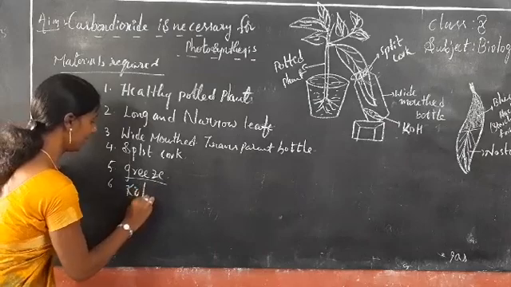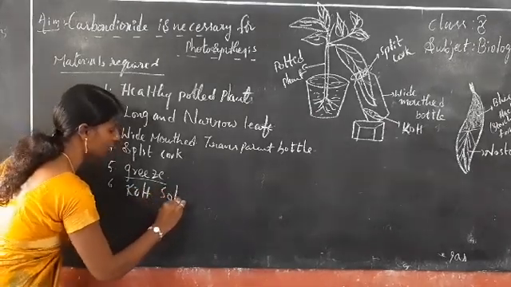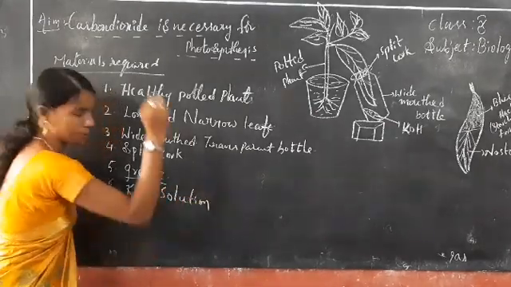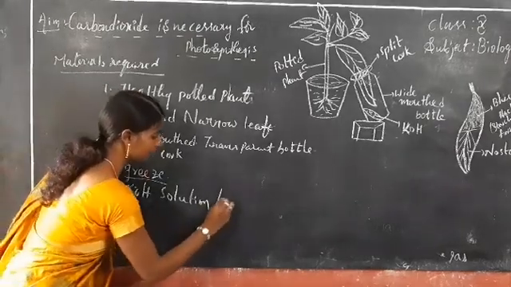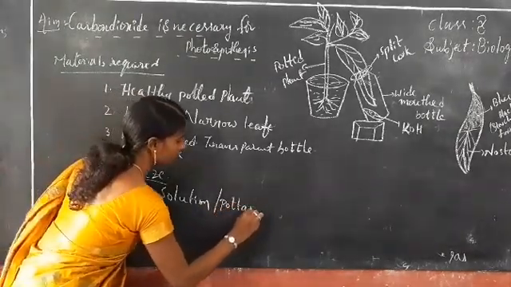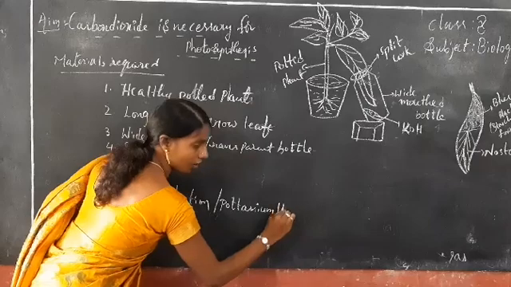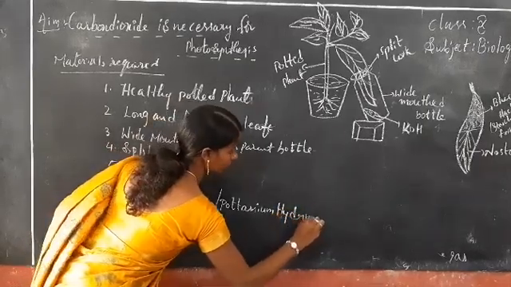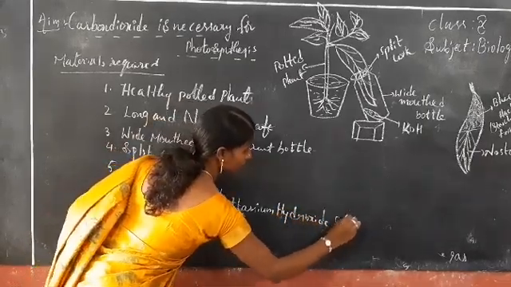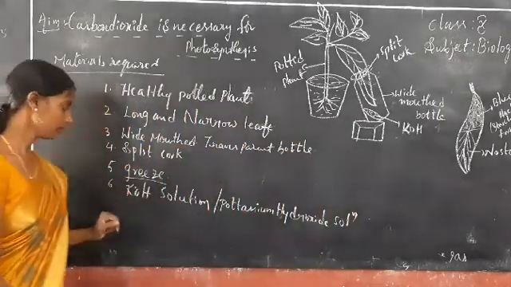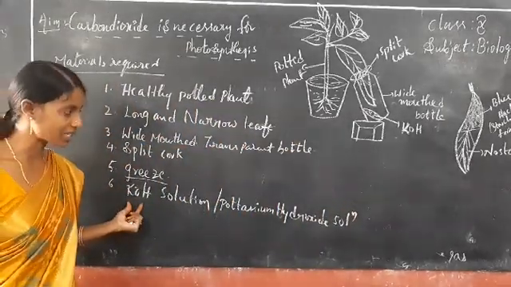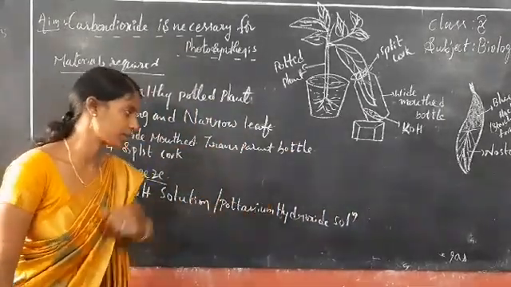KOH solution. This is the main solution we are using in this experiment. KOH is nothing but potassium hydroxide solution. Clear?